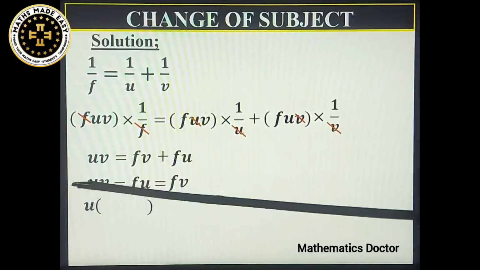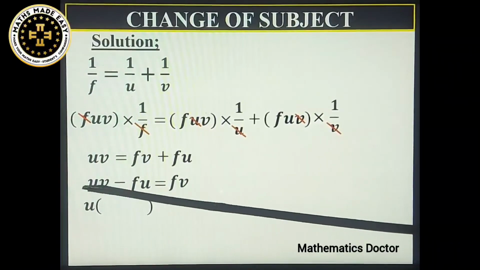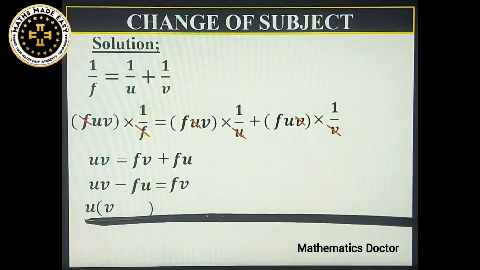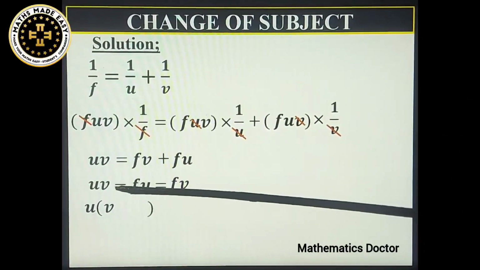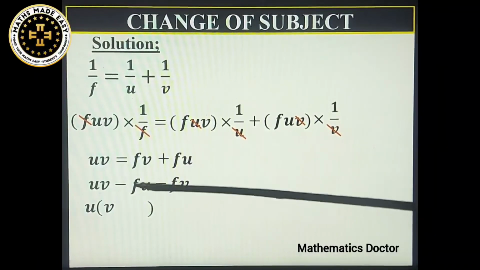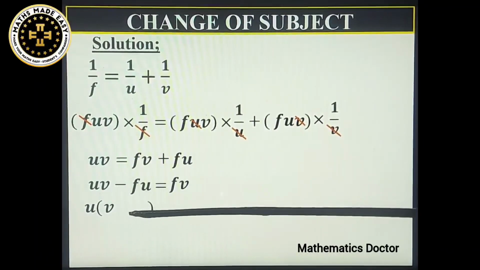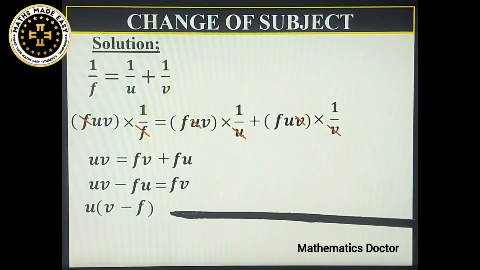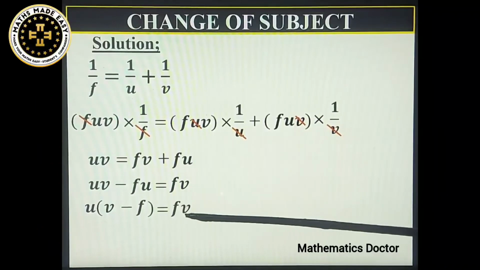So u will divide the u from the uv part, remaining with the v. So the v will come. So now the u will also divide the u at the negative fu side, remaining with negative f. So if u divides u from here, we'll be left with negative f at that side. So we will continue with the equal sign, then the final term at the right-hand side, which is fv.